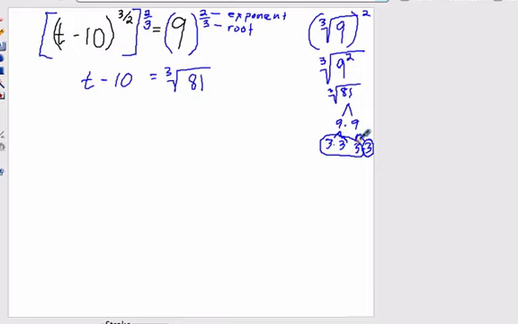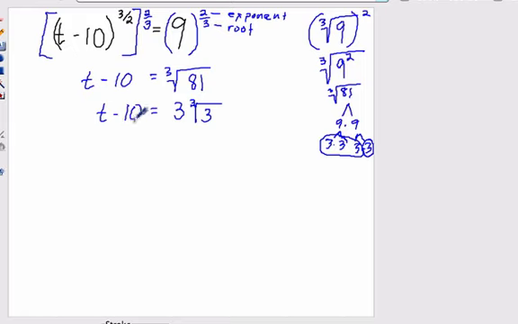So these 3's will combine together to come out of the cube root as a 3, and this 3 will stay on the inside. Oops, and I need my little 3 there to show that that's the 3rd root of 3.